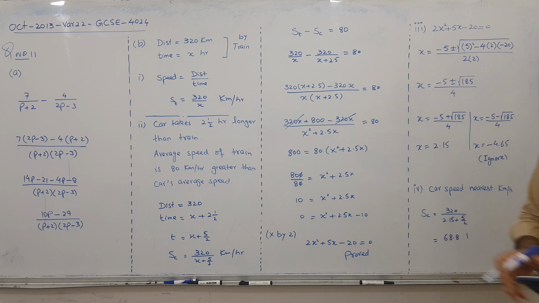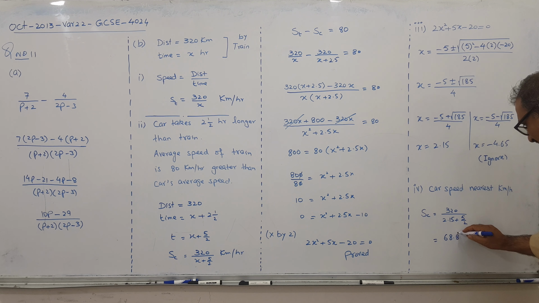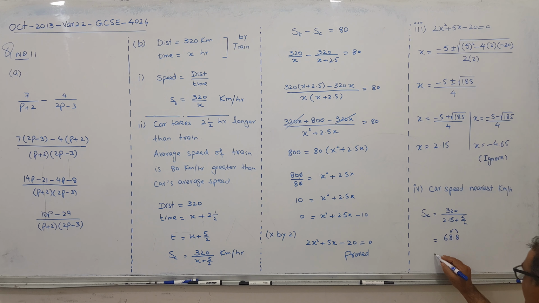But he said here nearest kilometers per hour, so this decimal is not required, and this adds up, so it becomes 69 kilometers per hour, and that's it, and we have finished the question.